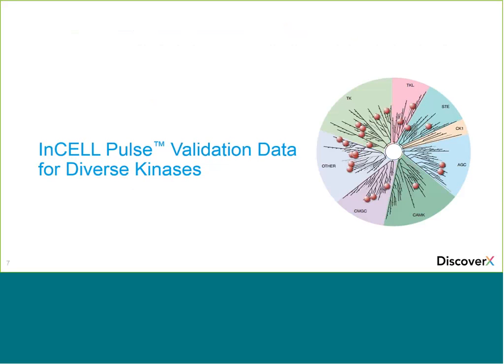So we tried to build a diverse set of assays, and the little red globes show assays that we've built across this phylogenetic space. And so we tried to be very diverse. We did not just pick the usual suspect kinases, because my hope is that we can go beyond that, beyond tyrosine kinases. So why did we focus on kinases?